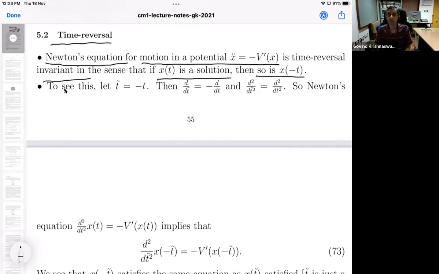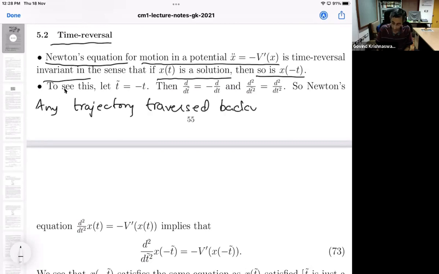So that is what it means for Newton's equation to be time reversal invariant. Any trajectory traversed backwards is also a trajectory.